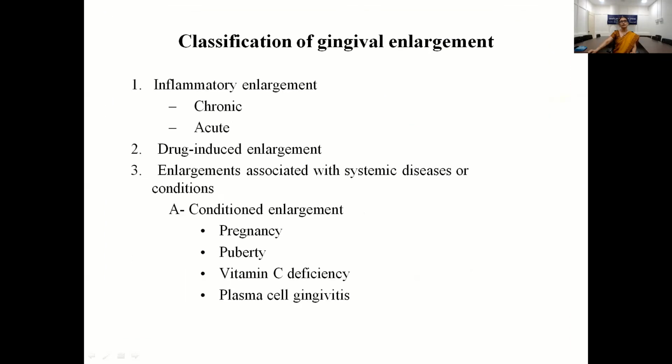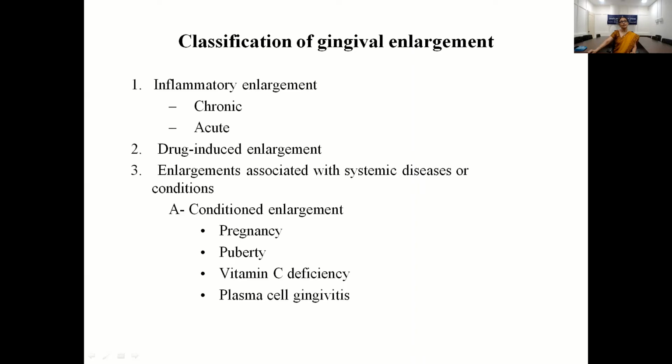Now this is the classification of gingival enlargement. It can be an inflammatory enlargement, maybe chronic or acute. Drug-induced enlargement, enlargement associated with systemic diseases or conditions. It can be a conditioned enlargement: pregnancy, puberty, vitamin C deficiency or plasma cell gingivitis.